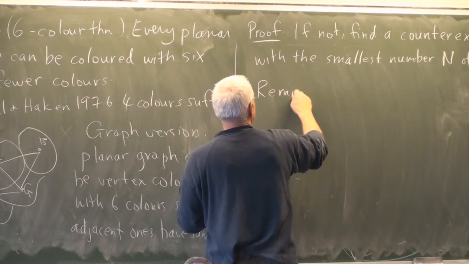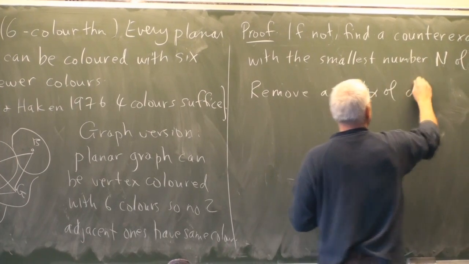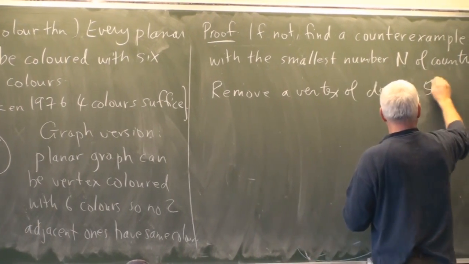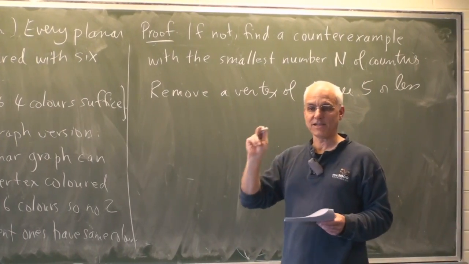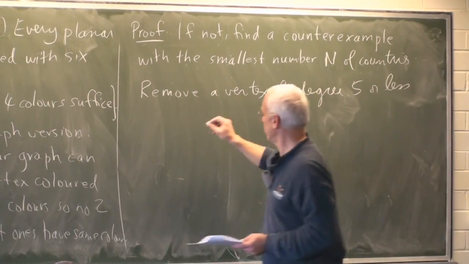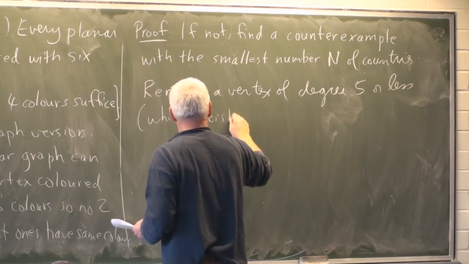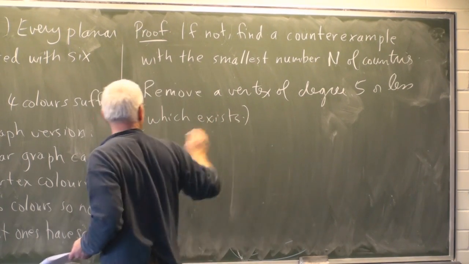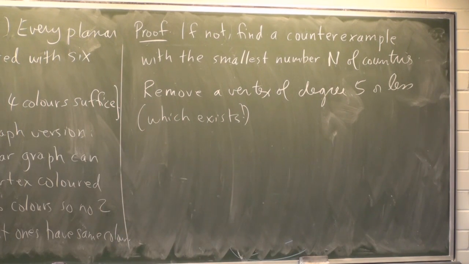So what we do is, well, we remove a vertex of degree 5 or less. We know that exists from the previous theorem. Now that's a smaller graph, so it can be colored.